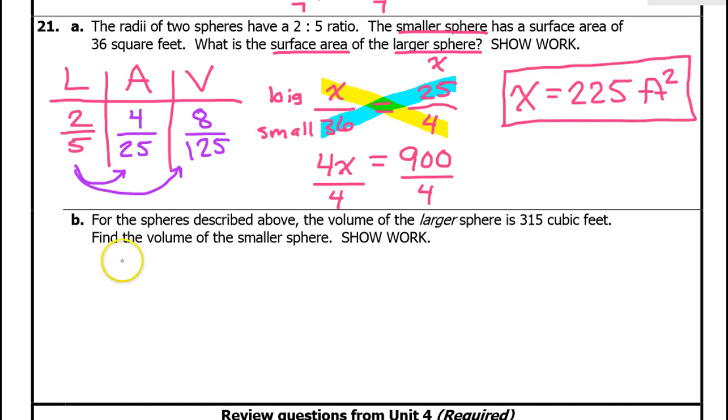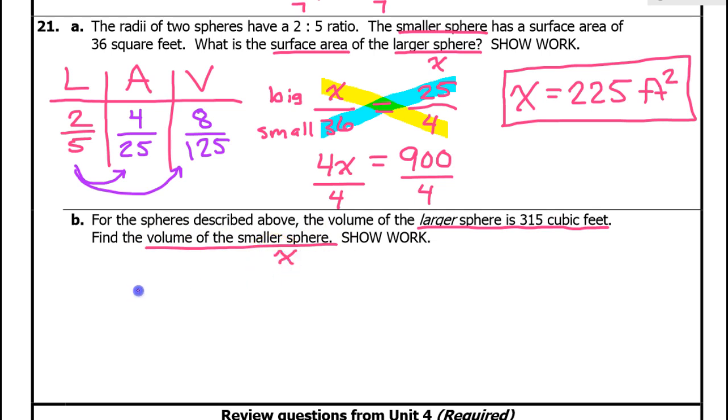Okay, so 21 part B. For the spheres described above, the volume of the larger sphere is 315 cubic feet. All right, that's the larger sphere. Find the volume of the smaller sphere. All right, so we will call this x because this is what we are looking for.